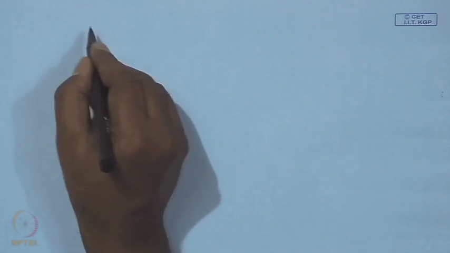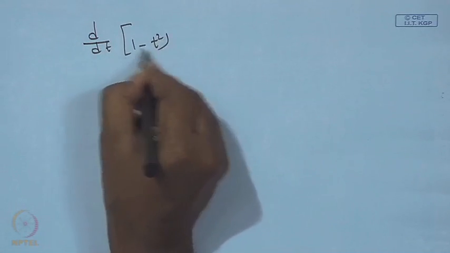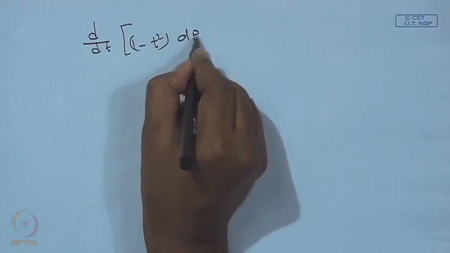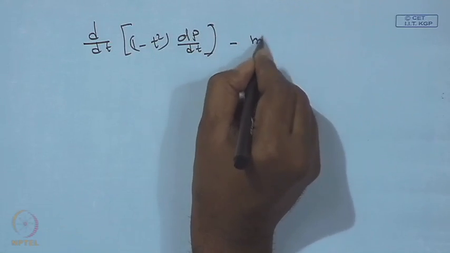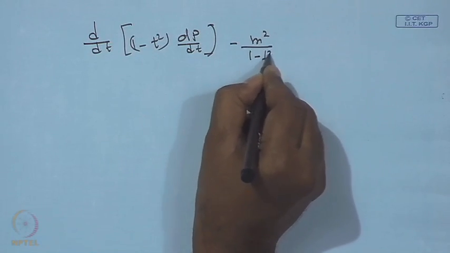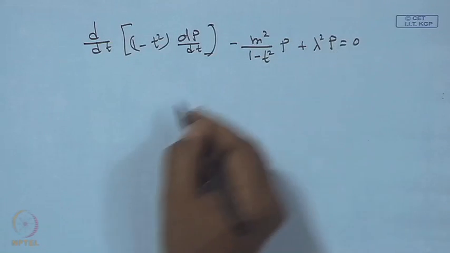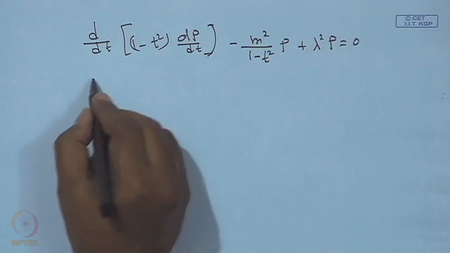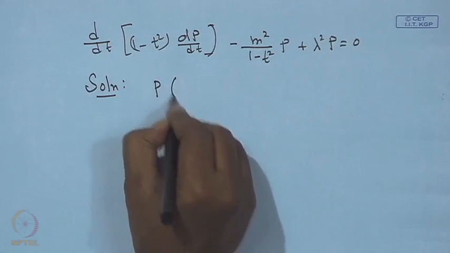The Legendre equation becomes d/dt of (1 minus t square) dP/dt minus m square over (1 minus t square) P plus lambda square P is equal to 0. This is a Legendre equation. The solution is generated by the Legendre function and Legendre polynomial.